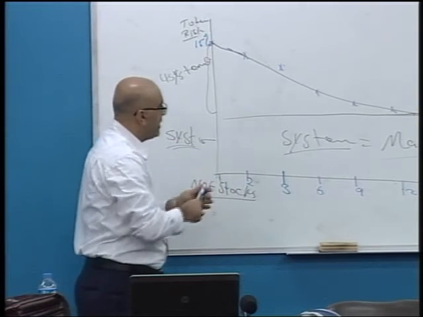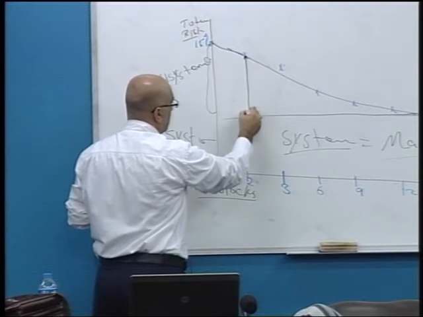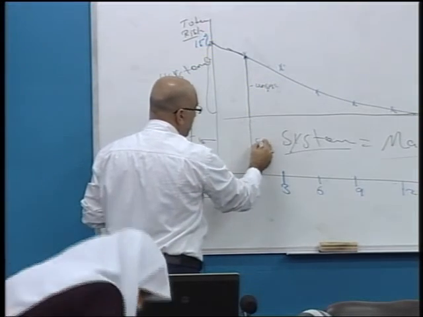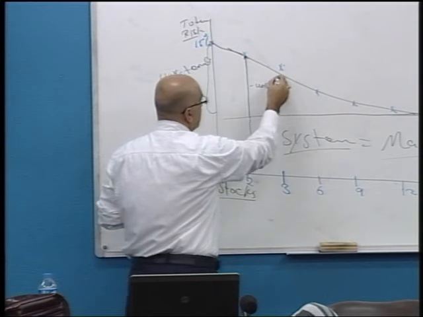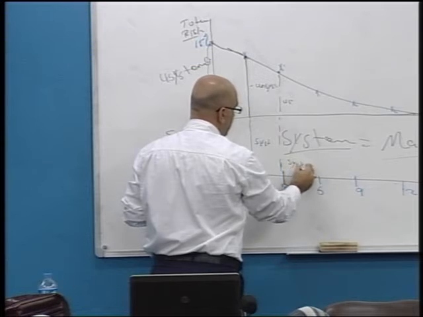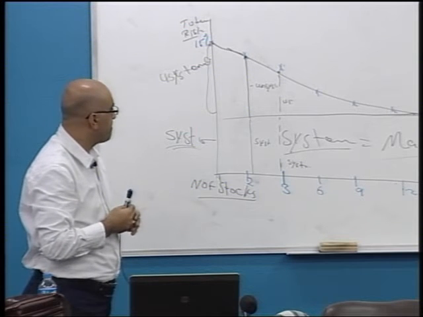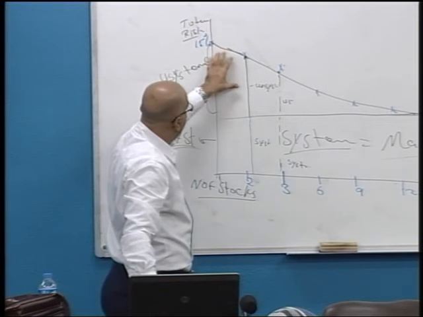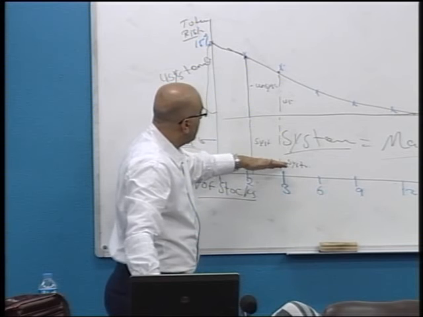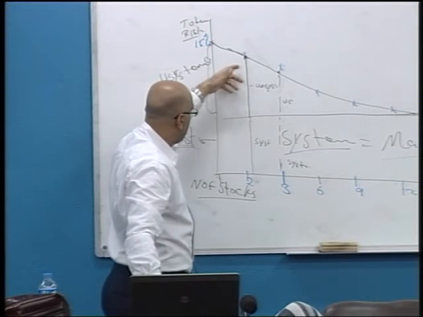Okay, now let's see this example here. This is unsystematic, and this is systematic. And this company, this is unsystematic, and this is systematic. Invest in 3 stocks to make the total risk lower than when invested in 2 stocks.